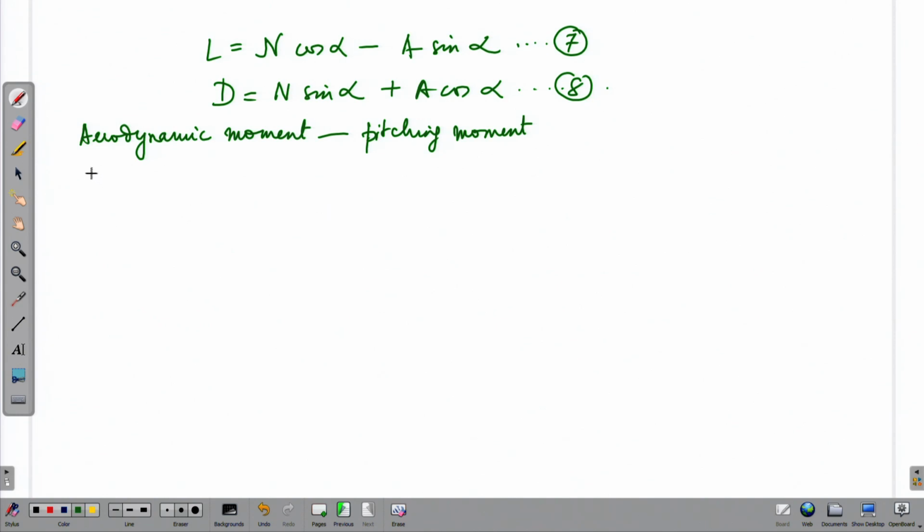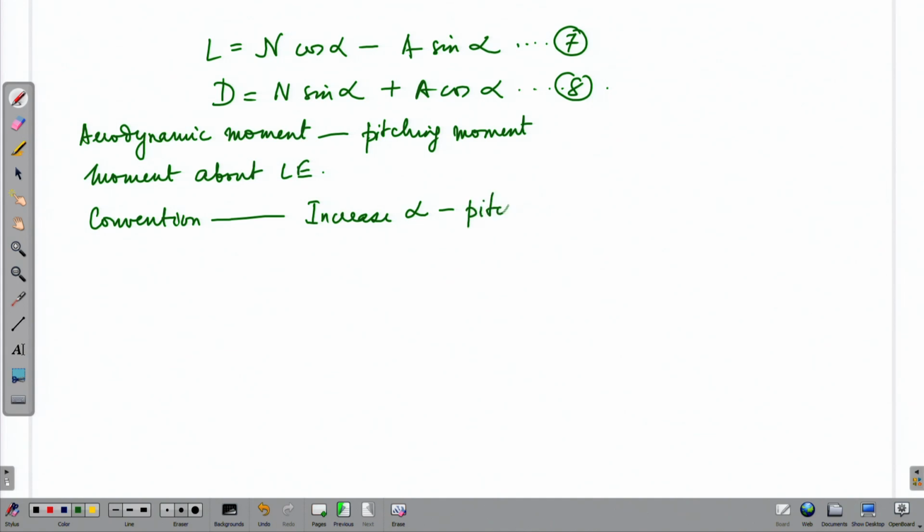We are going to take the moment about the leading edge, and by convention we will assume that the moment is positive if it tends to increase the alpha, which is called pitch up. So, the convention that we are going to follow is that a moment which can increase the alpha, that means cause a so called pitch up, will be considered as positive. So, let us say you are indicating such a moment.